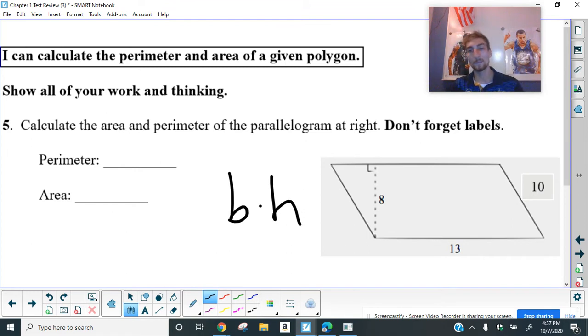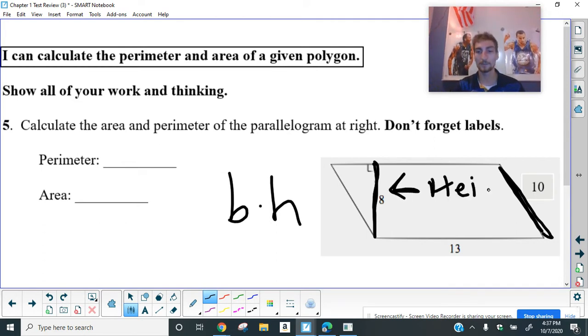Ooh, but I'm not sure which one's the height. This is going up, and this 10 is going up. But think about how we calculate a rectangle or square. Do we take a side that's slanted, or is the side straight up? It's straight up, right? So this is our height.